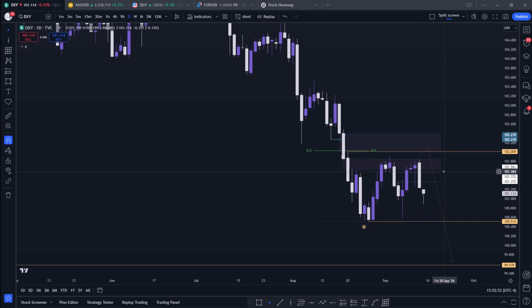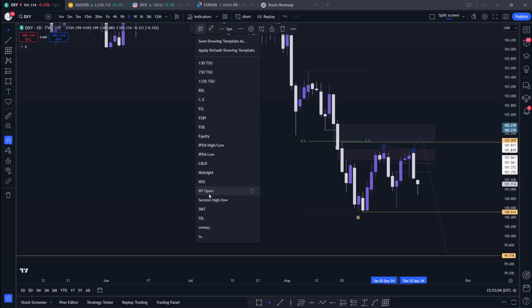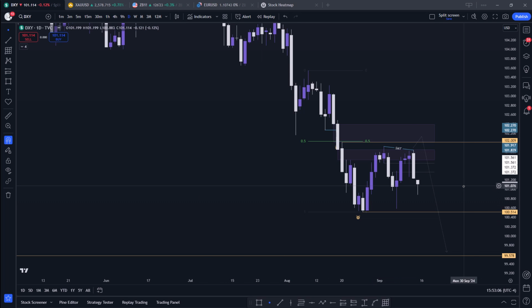But I think that because we did not tap into this 50% mark, and because we already now have an SMT divergence between the dollar index and the dollar majors out there, I believe we may just see price start gravitating lower towards that sell side liquidity.